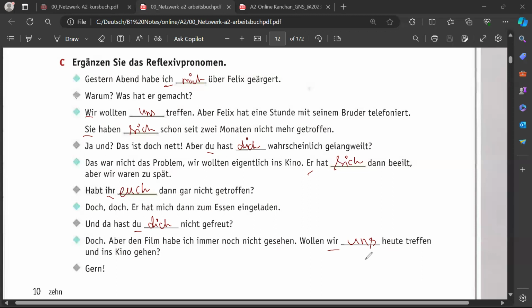So there are two friends talking. Yesterday I was very angry with Felix. The friend asks why, what he did. We had planned to meet, but Felix was on the phone with his brother for almost an hour, and they have not met for 2 months.